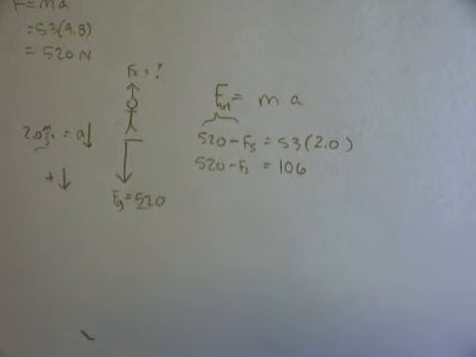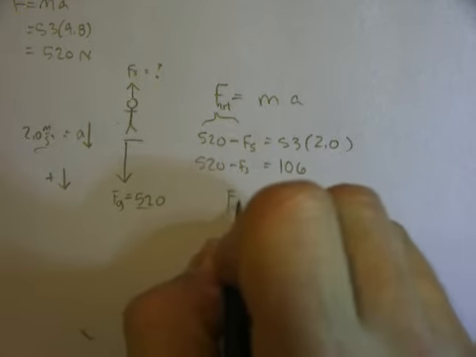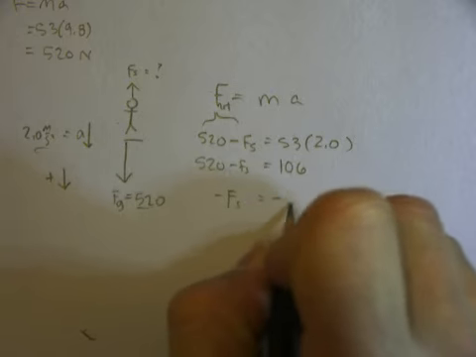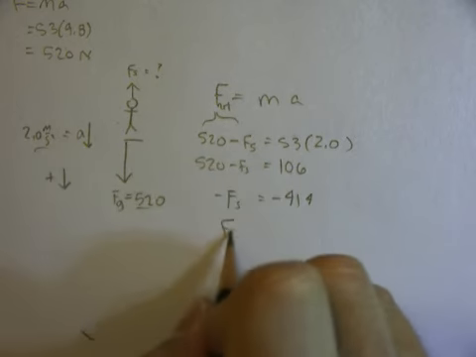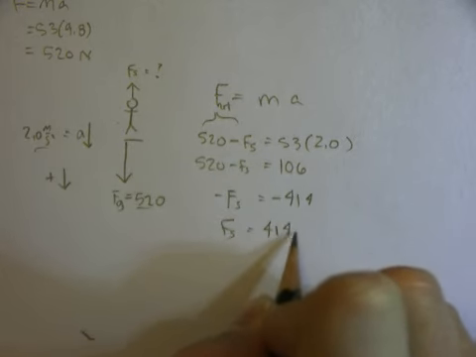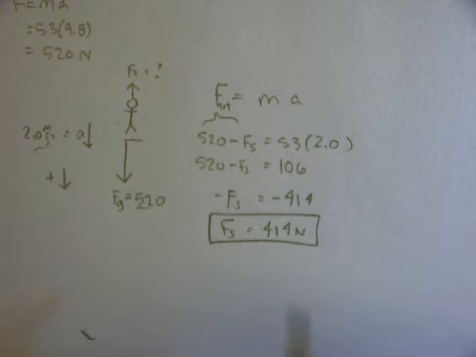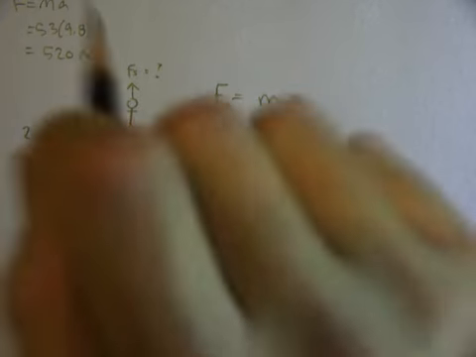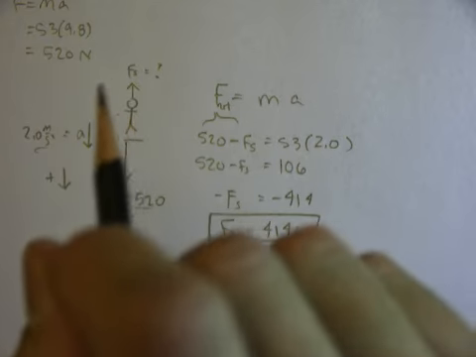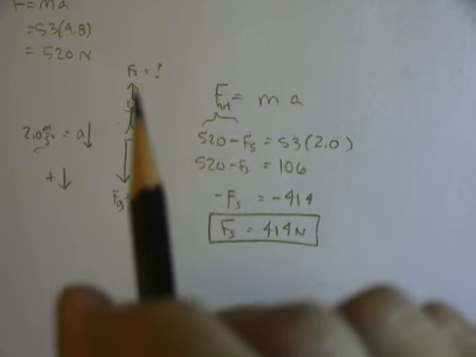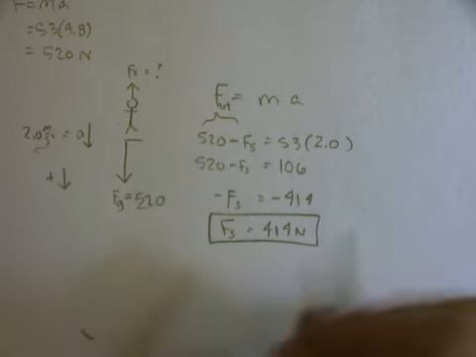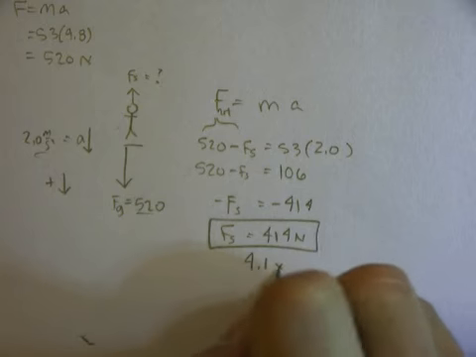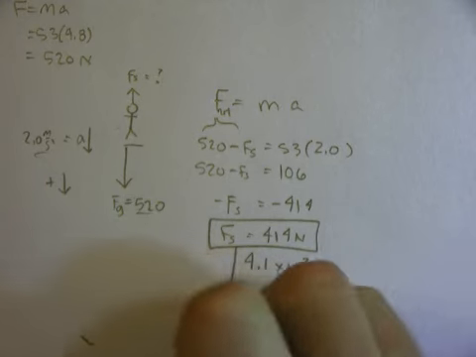So you take 106 minus 520, and you get negative F of S equals negative 414. So the force of the scale is 414 newtons. Probably with significant figures, it's 410, or 4.1 times 10 to the 2 newtons.